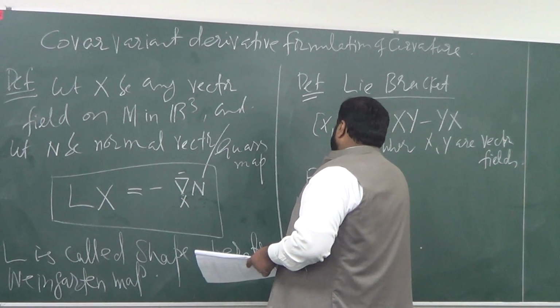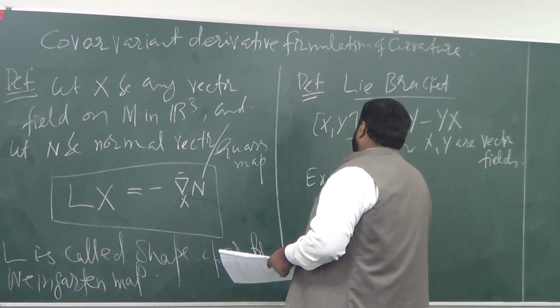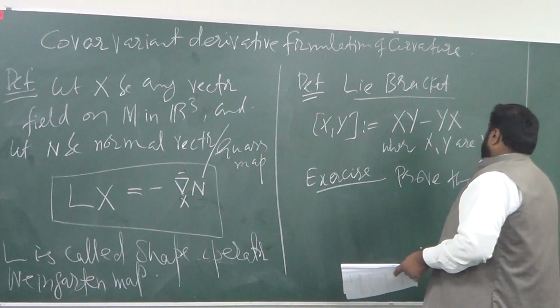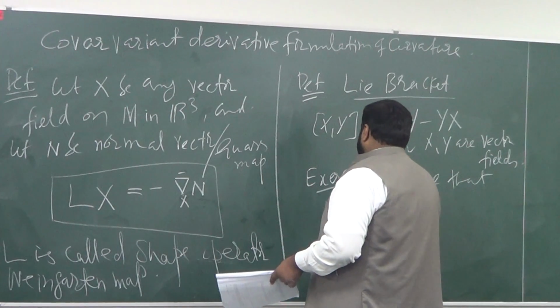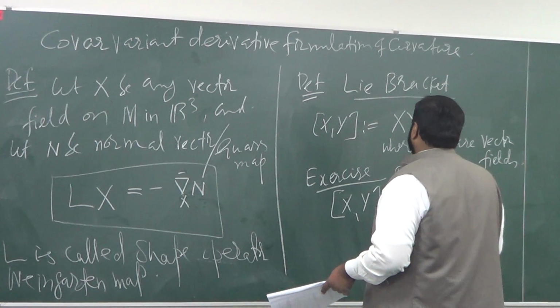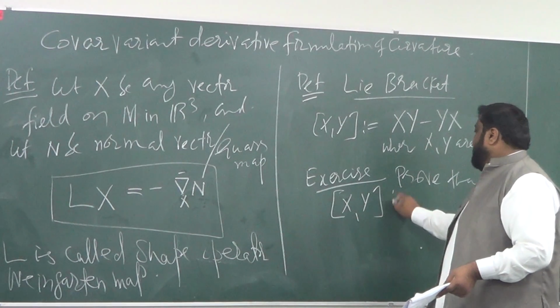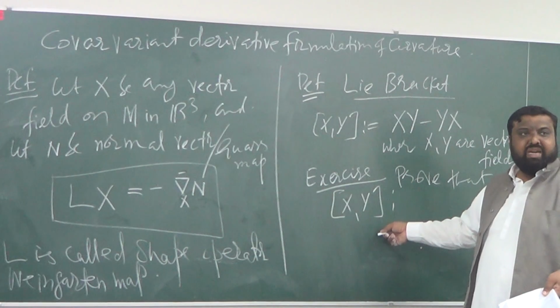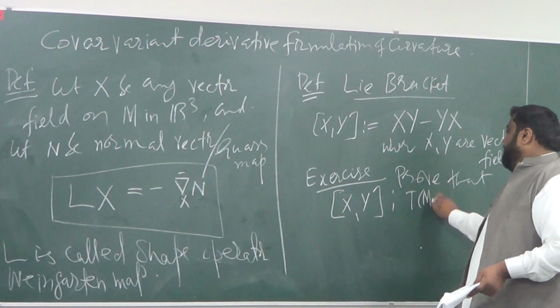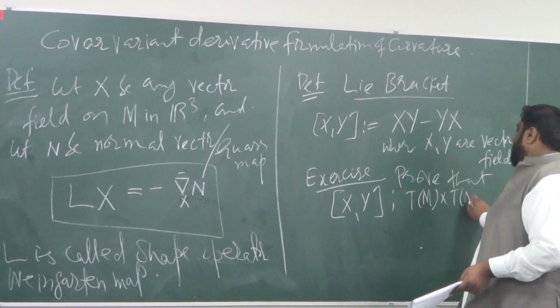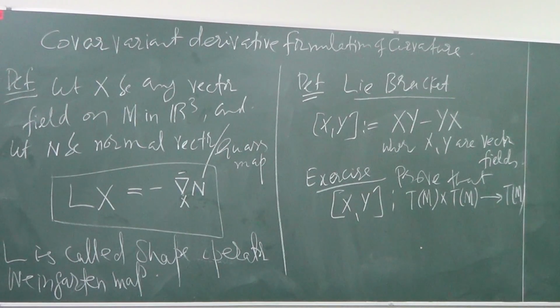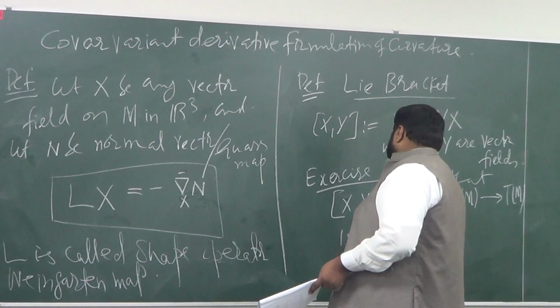One exercise for you to do is to prove that the Lie bracket, by the way, this would be a map from where to where? I can treat this as a map from tangent bundle cross tangent bundle into tangent bundle. It is a linear derivation.